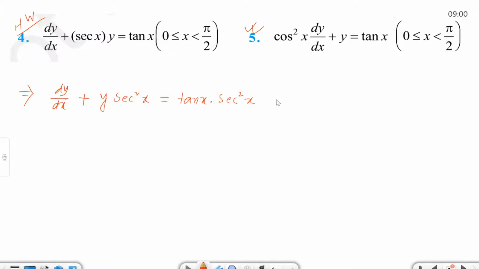This is a linear differential equation, which is linear in y, which is a linear differential equation in y.